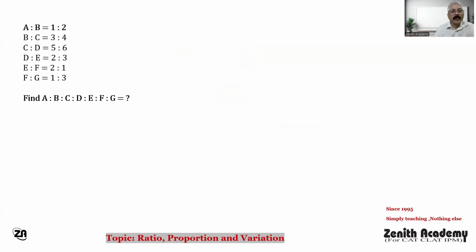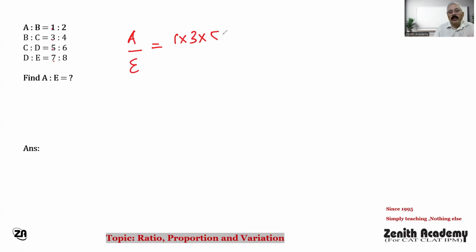Now see this. A is to B, B is to C, C is to D, D is to E are given. Here it is the same, but you have to find A is to E. So A is to B, then B is to C, C is to D, D is to E. Then A upon E is 1 into 3 into 5 into 7 directly.